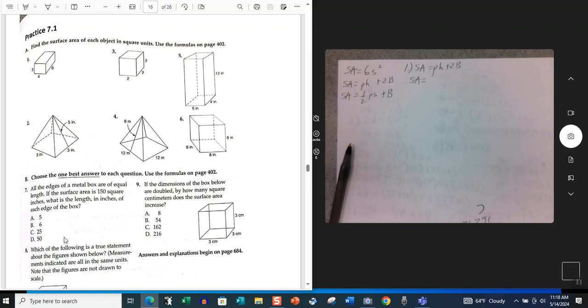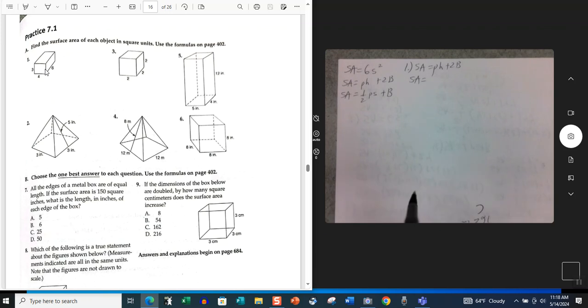Now, if you look here at problem number 1, this rectangular prism is on its side. It should be standing up like this because this 6 is its height. This right here is the length and width down at the bottom. When we do the perimeter, remember opposite sides of a rectangle are equal.